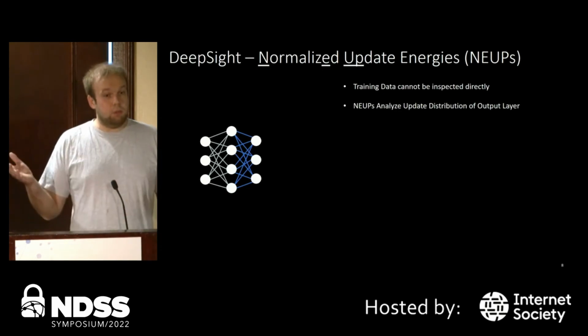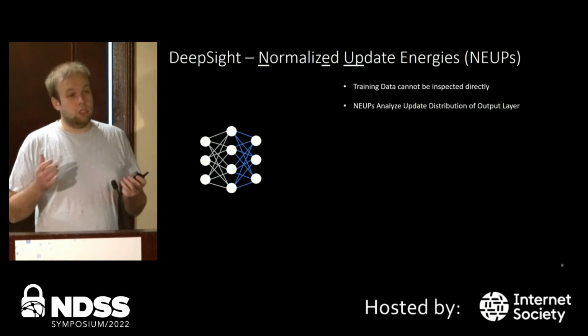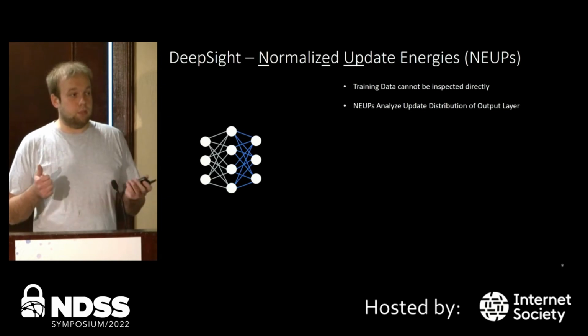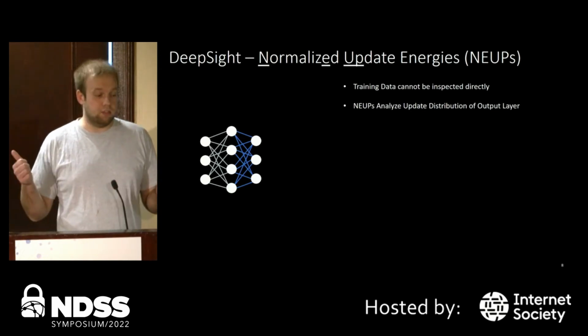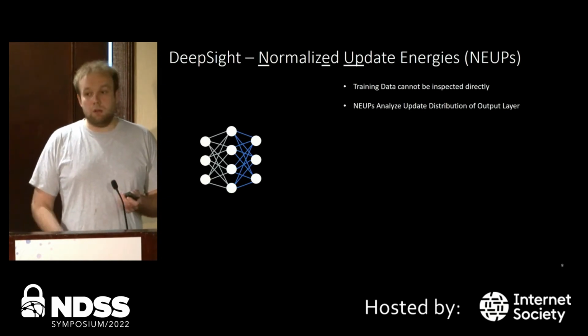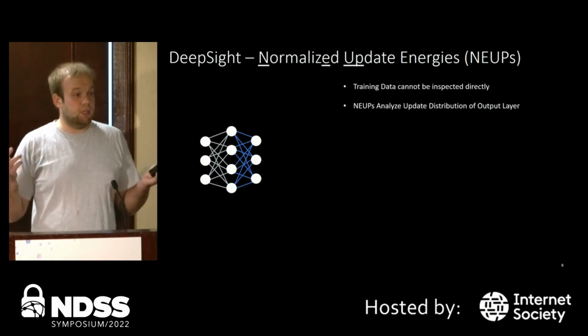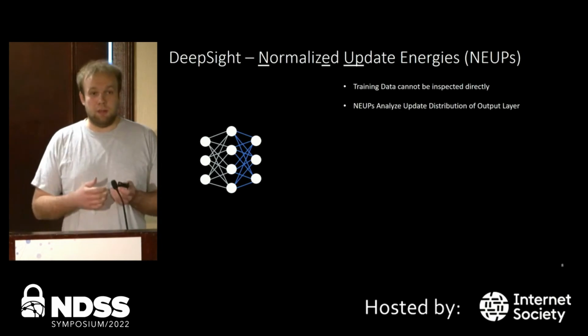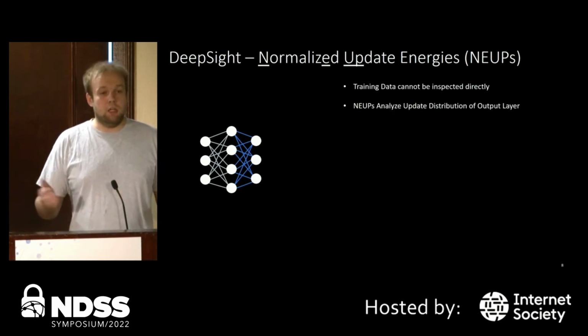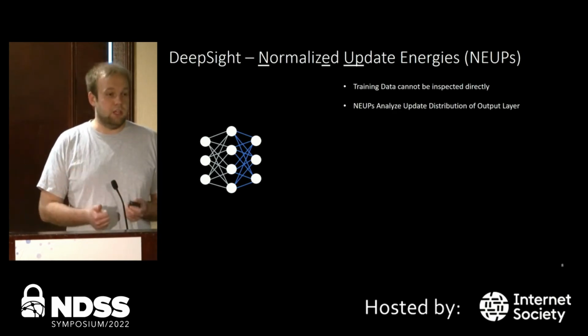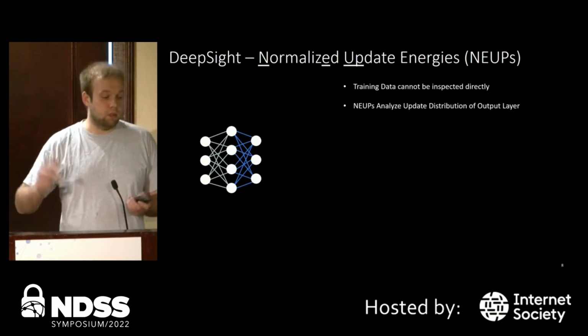In the output layer of a neural network, usually each neuron represents one category that the neural network can recognize. So here in this example, we have 3 output layer neurons. So this network could, for example, distinguish 3 different categories. In case of image classification, it could distinguish whether an image contains a car, a dog, or a ship.